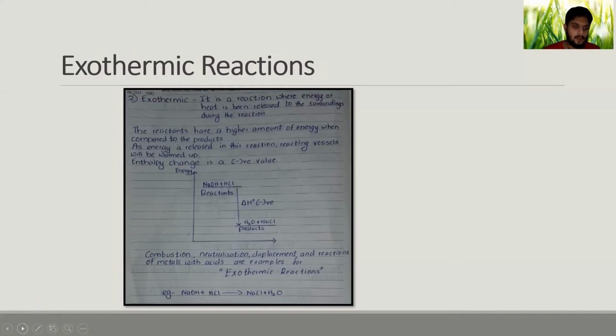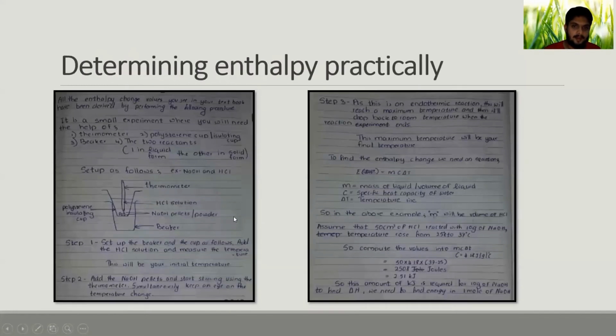Now we move on. Not in all chemical reactions can we rely on our senses so much. Therefore we need to come up with a very practical and more reliable way of getting this enthalpy change.